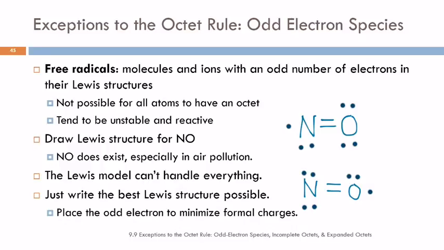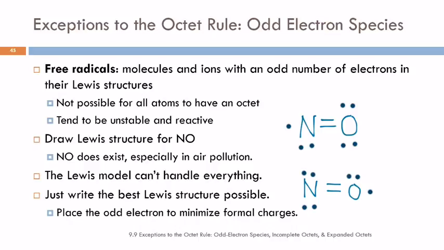Lewis' model says this is not a good molecule. But nitrogen monoxide does exist. It's present in air pollution, and one of the reasons it's harmful is because it's not very stable, and it will tend to react with lots of different things.